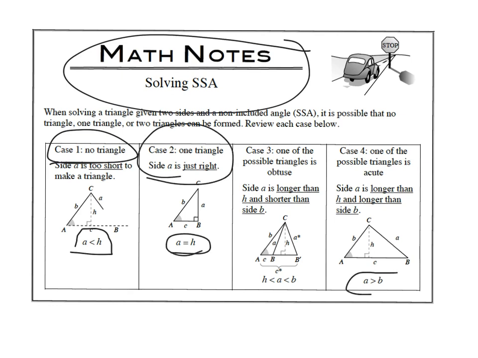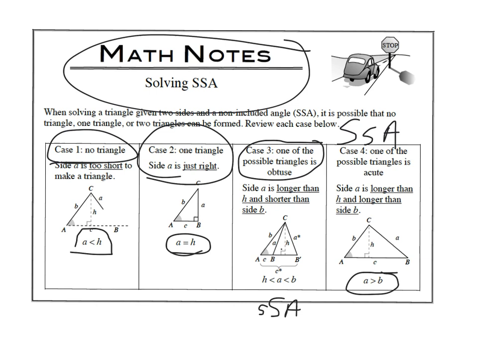But you also create just one triangle if A is greater than B. In other words, if you have the big S, little s, A scenario. And when does the ambiguous case occur? That is the little s, big S angle scenario.